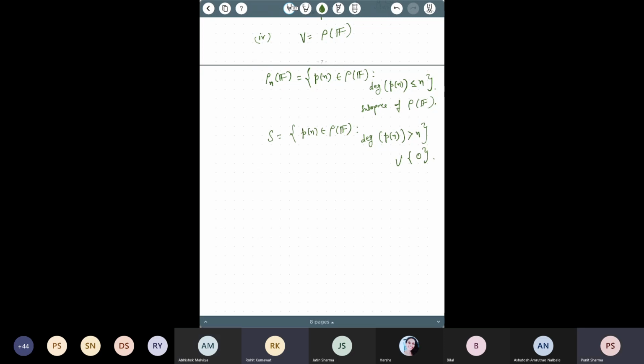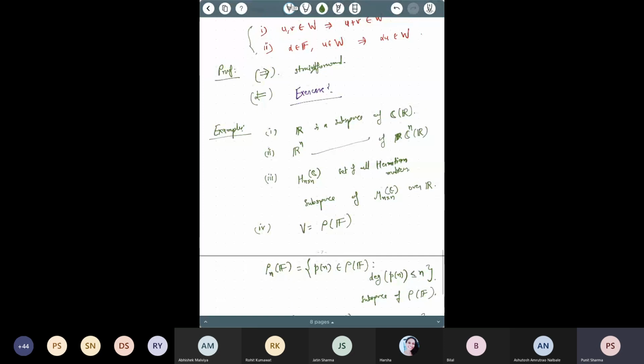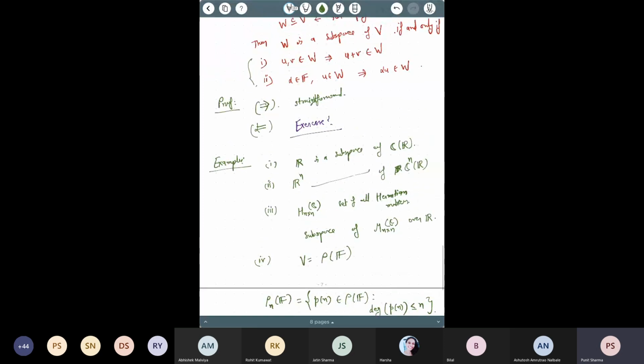Okay. Now, can you verify why this is a subspace? How would you prove that this is a subspace? Yes, sir, we can just check these two conditions. If you want to say this is a subspace, just check whether these two conditions are followed or not.